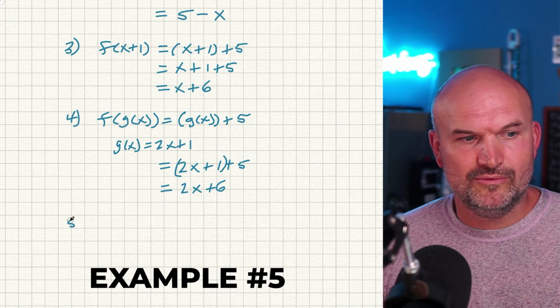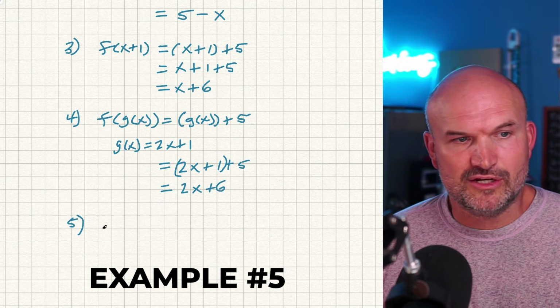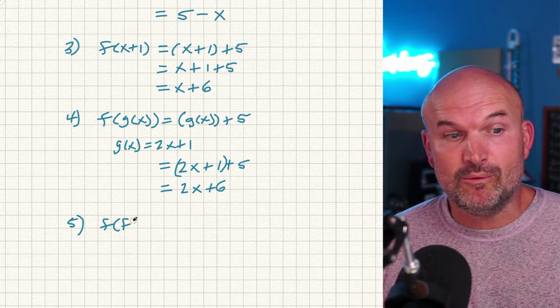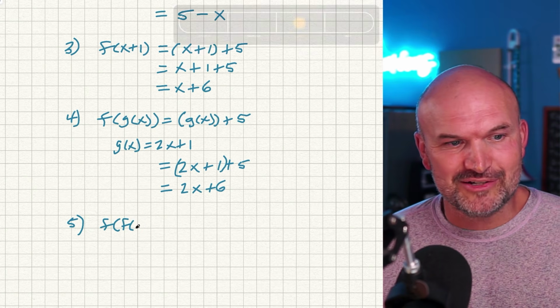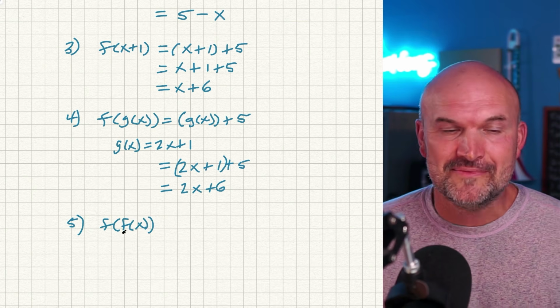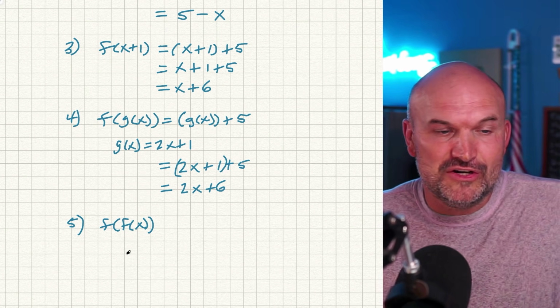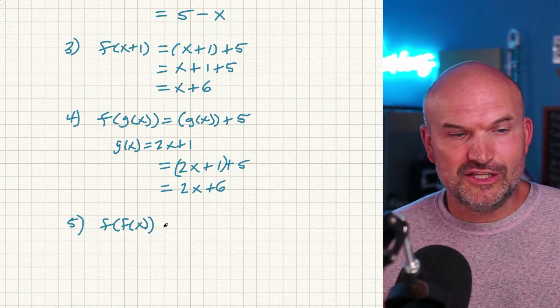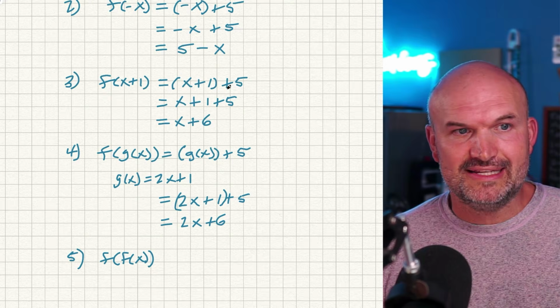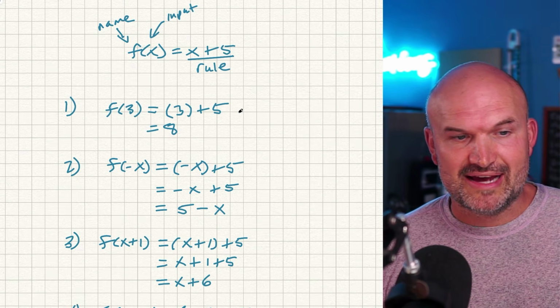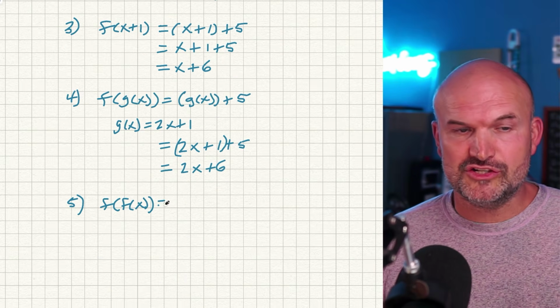And then the last example, which again is something that will confuse students all the time, but is something that's going to show up, and you're going to see this notation, is f of f of x. Basically, that is plugging a function into itself. But how does that look? Well, we know f of x equals x plus 5, okay? But before we get to that, let's show what it looks like.